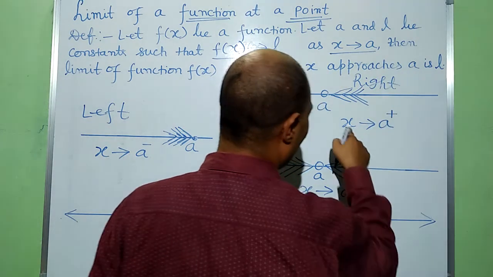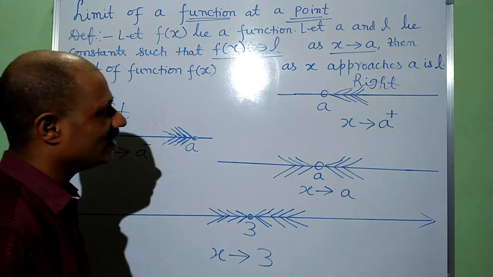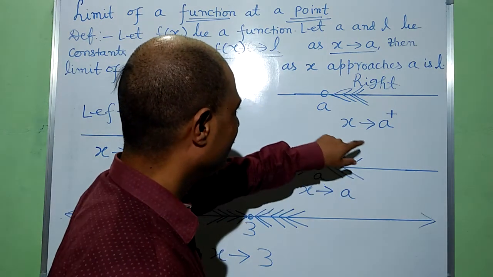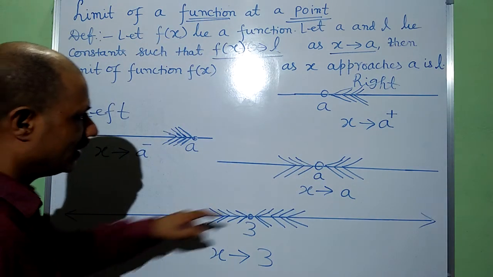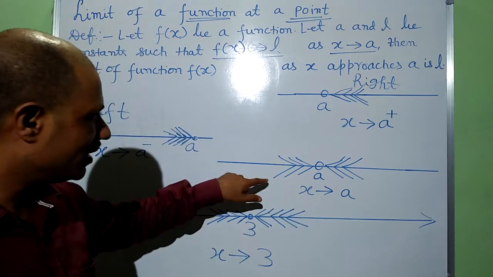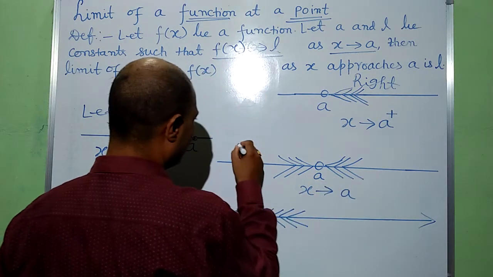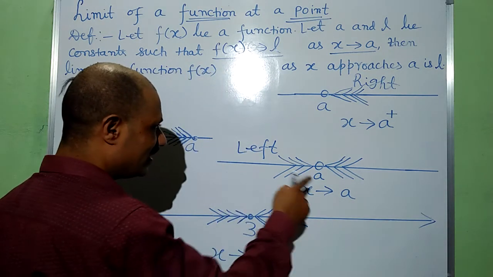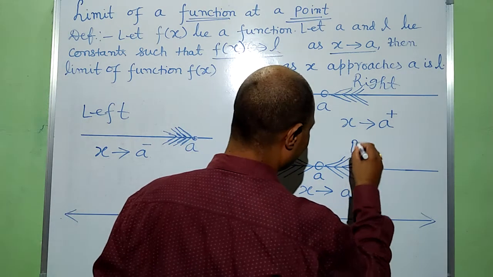The value of x is very slightly greater than a, so it is denoted as a plus. x is approaching from the right side. Here, x is approaching a either from the left side or from the right side. The value of x is slightly less than a or slightly greater than a.